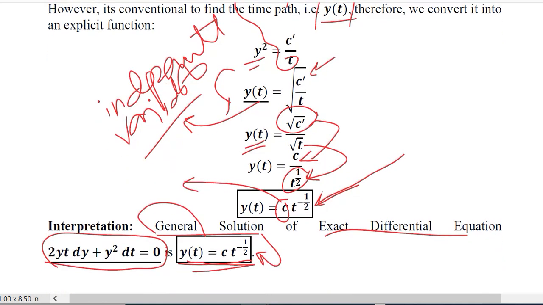So here we have the time path, or the general solution, of an exact differential equation. Now we are capable of solving other exact differential equations, primarily by checking their exactness with the exactness test, and then by using the 4-step procedure.